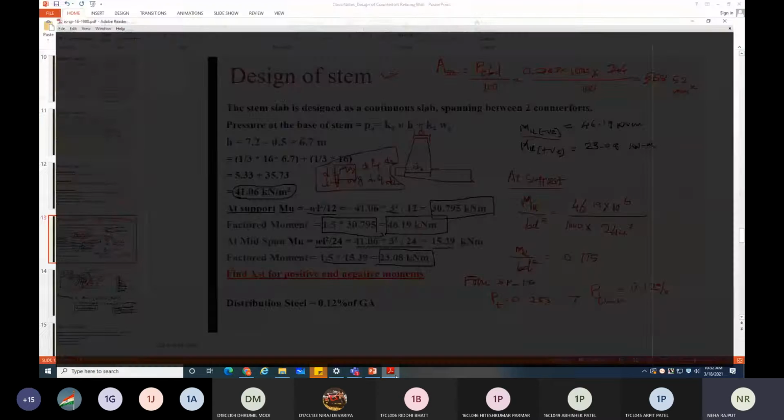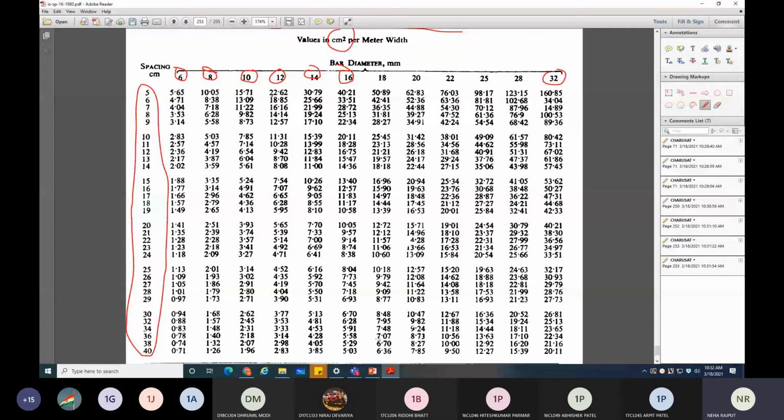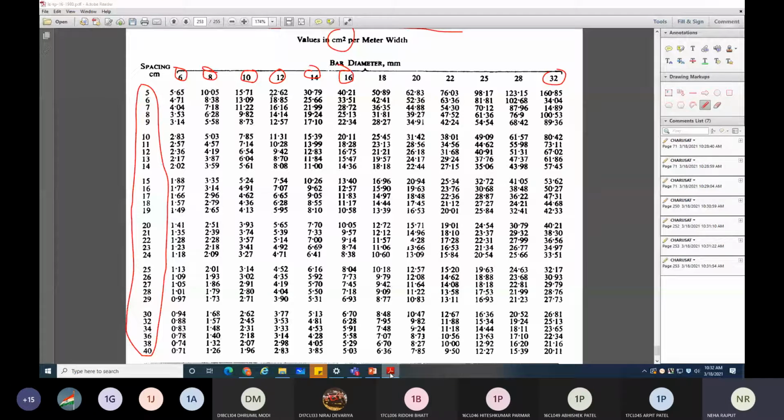Your area is 5.68 centimeter square, and you need to choose the diameter of bar. So here I am choosing the diameter of bar. This is 5.68. So you need to consider more than 5.68 for your case.